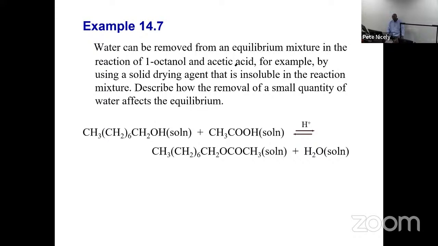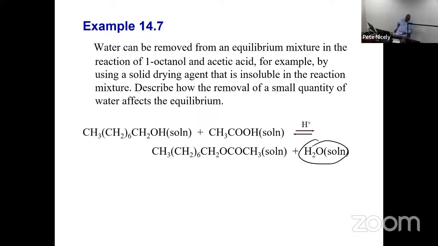And what this question is saying is that if you remove the water, right, then basically, what the question is asking is, if you remove the water, how does that affect the equilibrium of this system, right?